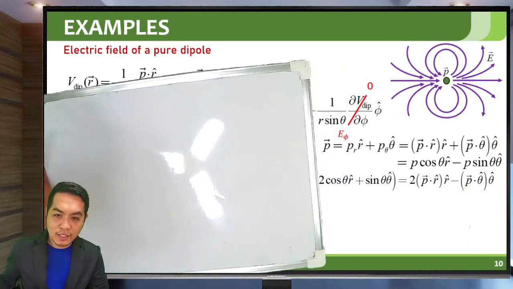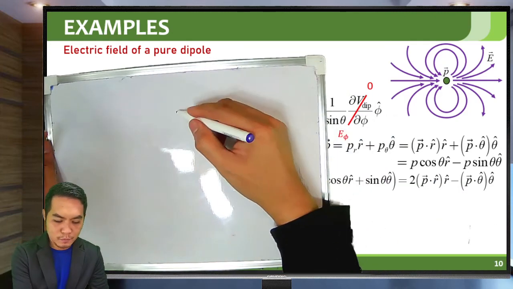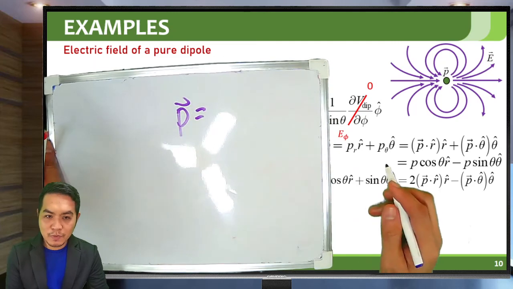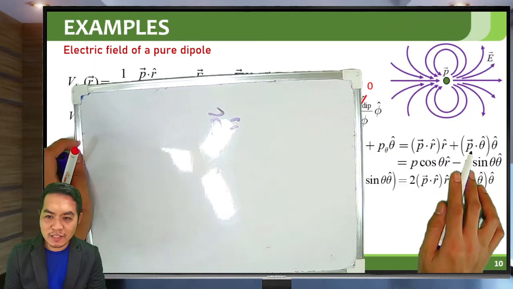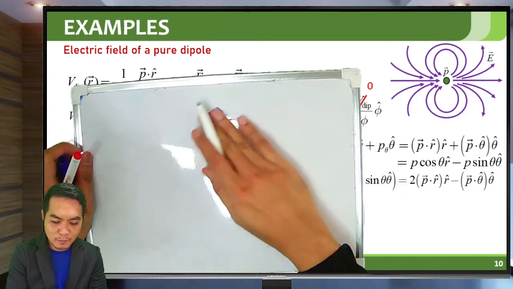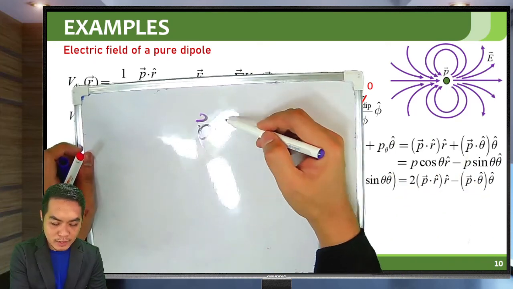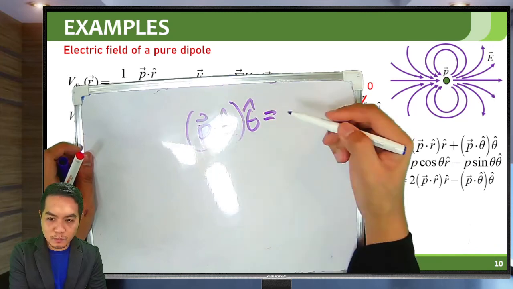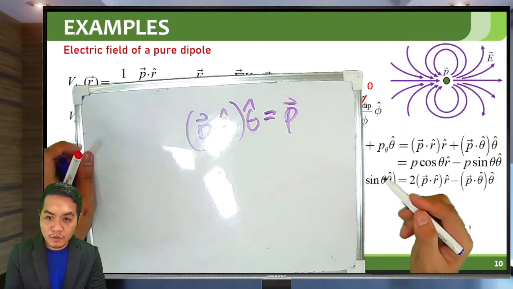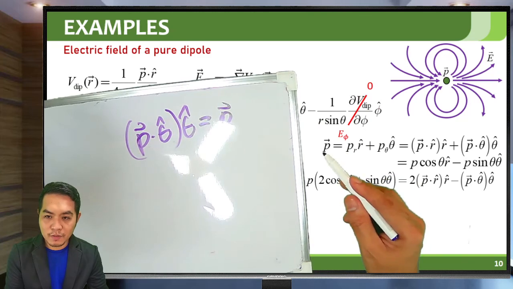Now, note that this term here, p dot theta hat, can actually be written as our vector p minus p dot r hat.